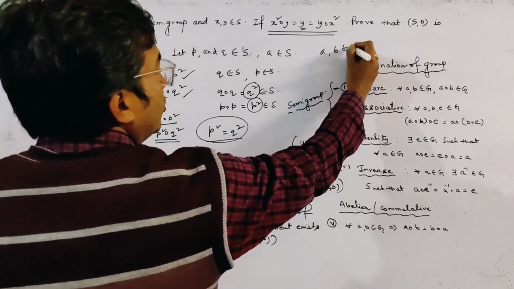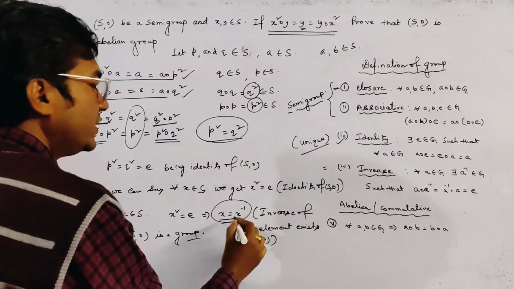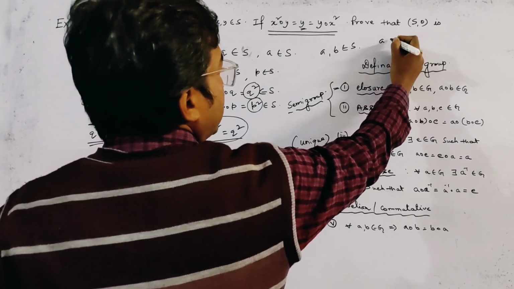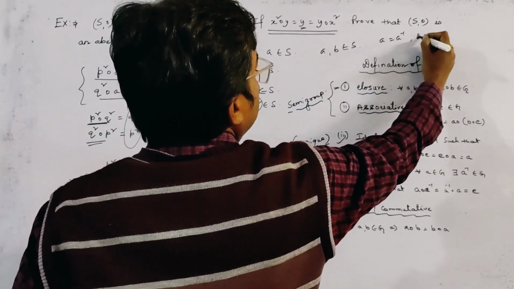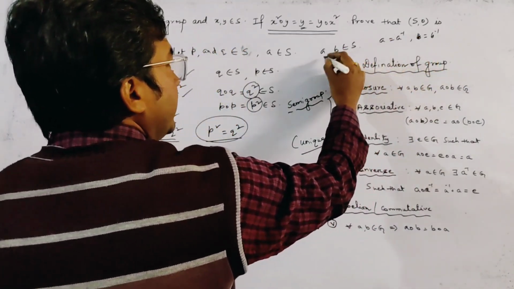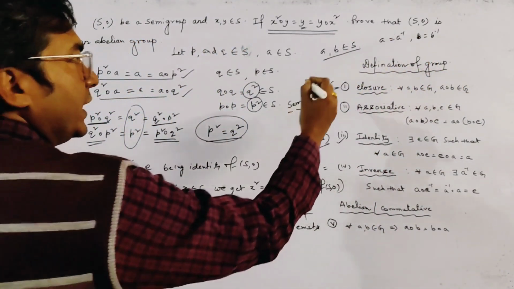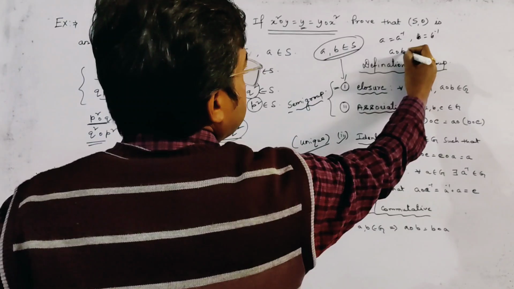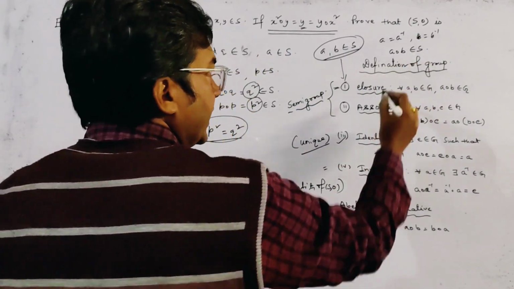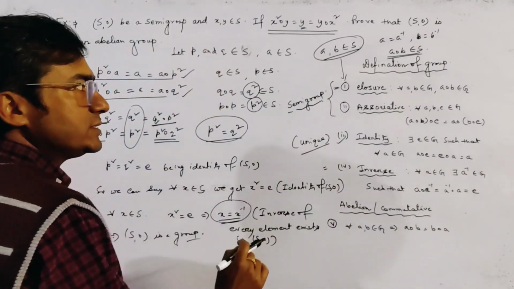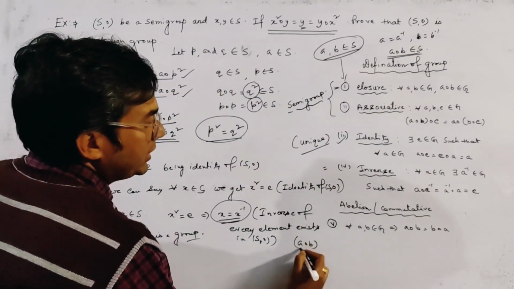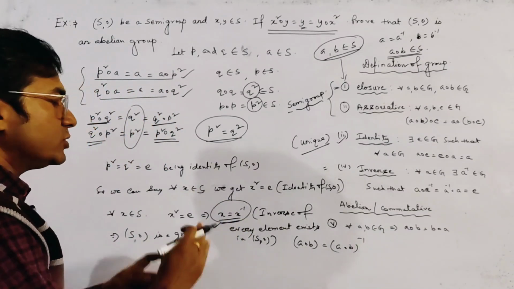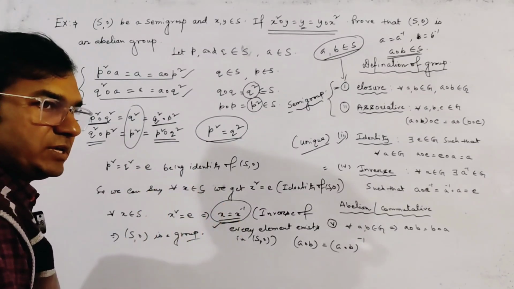Let a and b belong to S, and we have the relation x equals x inverse for all x belonging to S. So we write a equals a inverse, and b equals b inverse, because a and b are both elements of S. Now by the closure property we may write a ∘ b belongs to S, and since a ∘ b belongs to S, we get a ∘ b equals (a ∘ b) inverse because of this property, because every element is the inverse of itself in the group.